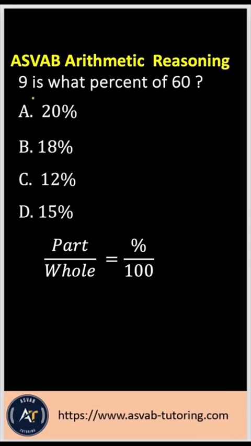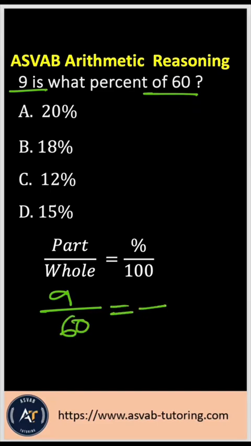Remember that "is" means the part, so 9 is the part. And "of" means the whole, so of 60, that is 60. You have to find the percent, so say this is x, and you write x over 100.